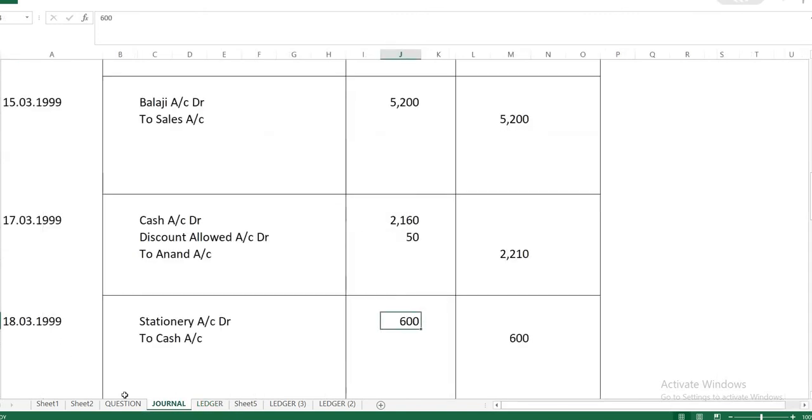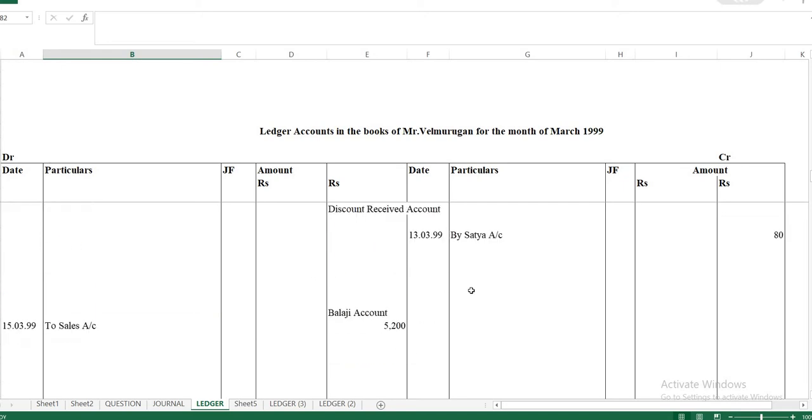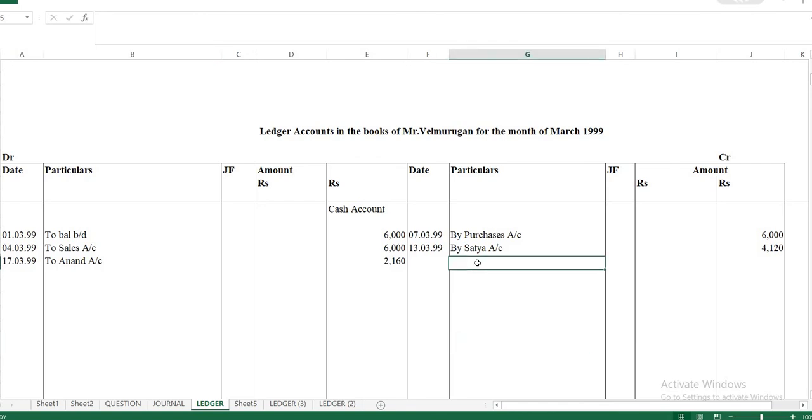Just fill in that amount 600 and the date. Whatever date is given, 18th actually. So the date you give is 18th March 99. Okay. And then in stationary, to cash account on the debit side we filled up. In cash account, what we have to do, in cash account by stationary we have to fill it up. So cash account here. Okay.